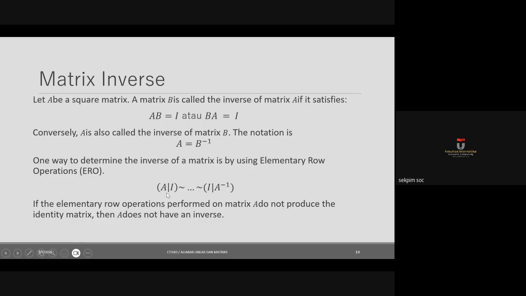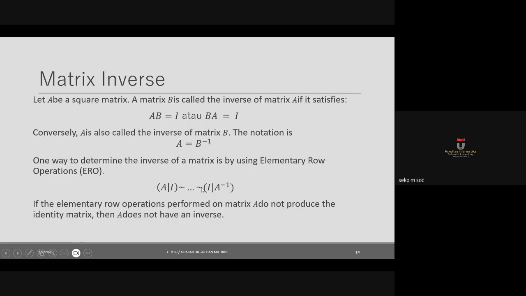One way to determine the inverse of the matrix, we can use the elementary row operation using this kind of concept. You take A on the left hand side, and you have I or identity matrix on the right hand side, and you do several row operations such that you change A to be the reduced row echelon form or identity matrix.